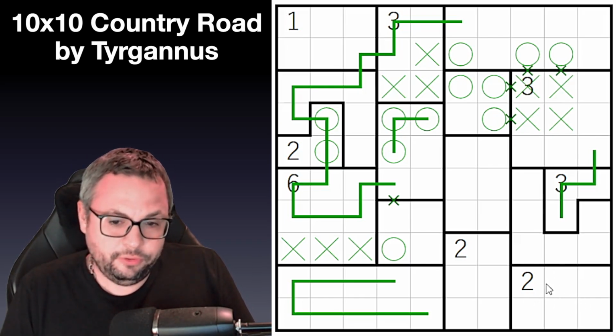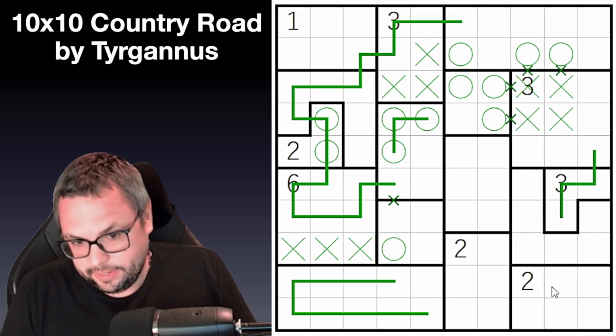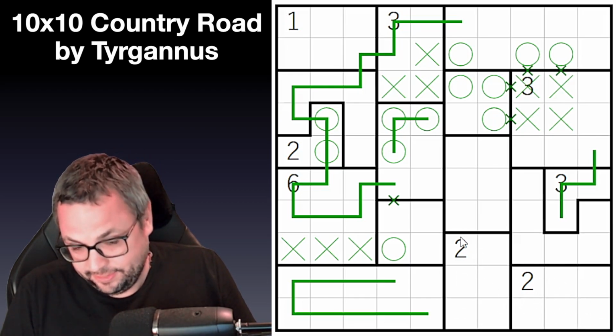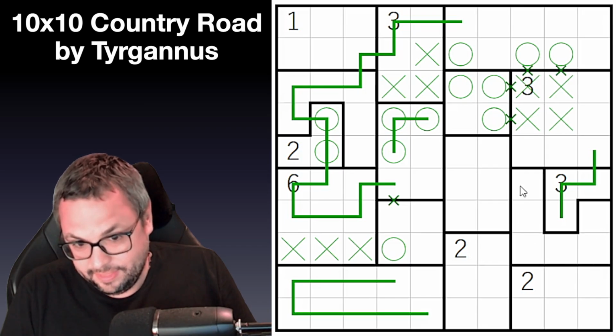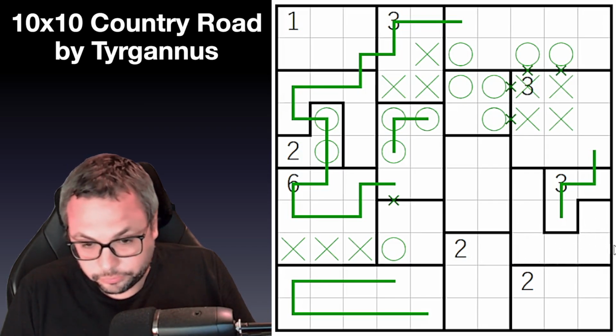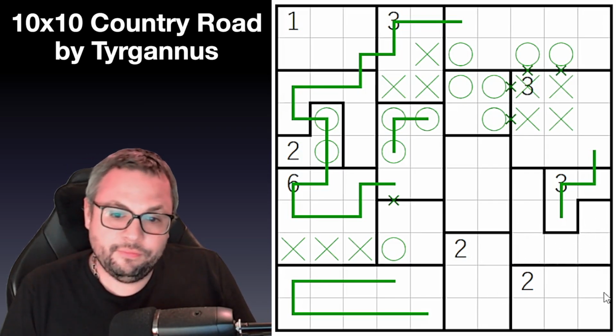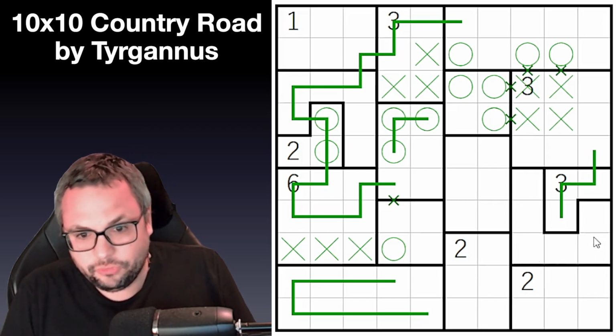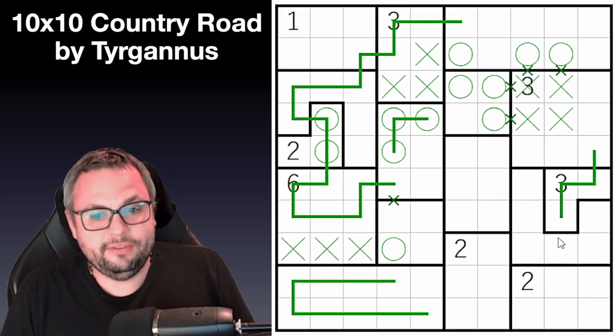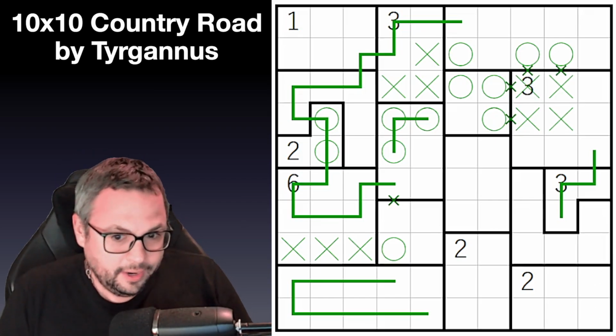Well, we know what those 2 countries are for this lower right country. Namely, we have to visit this country, and we have to visit this country. And therefore, we know what the 2 places that go to the candy cane are.